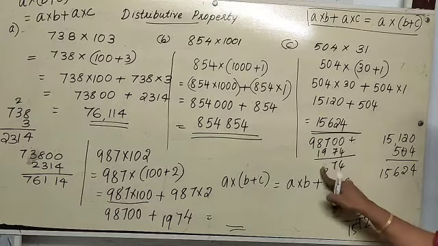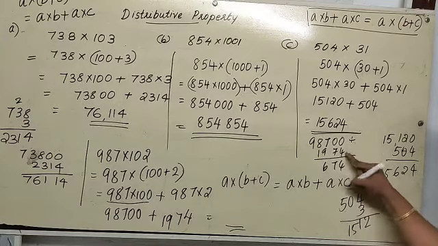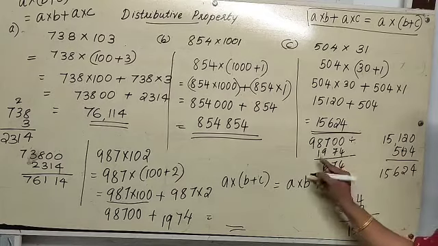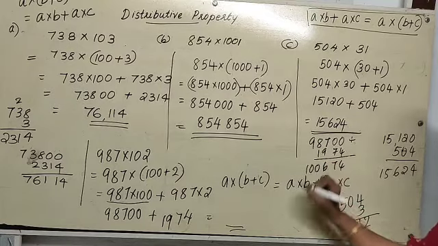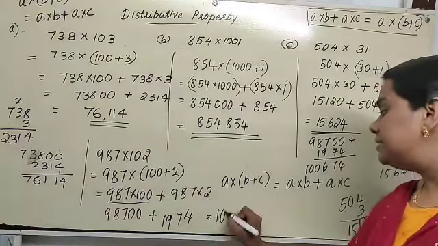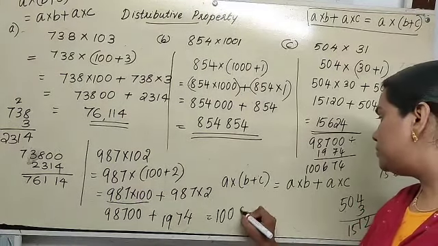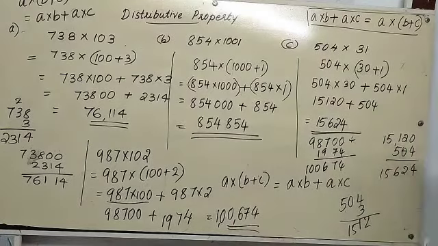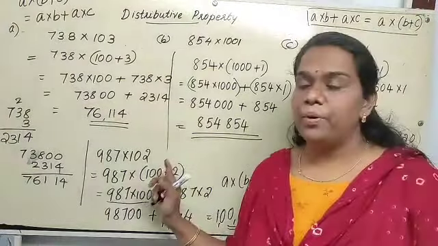You all know how to add this. 0 plus 7, then 7 plus 9, 16, then remainder 1. Then what do we get? Our answer is 100,674. This is our distributive property.